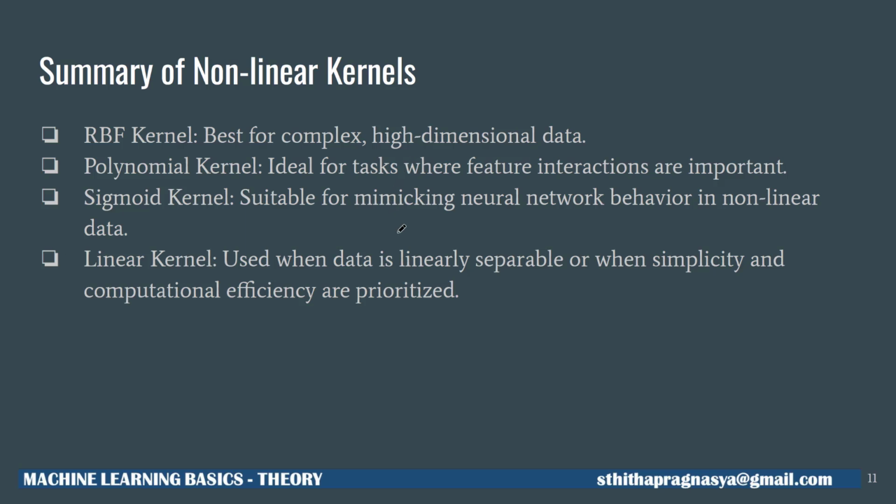The sigmoid kernel is suitable for problems with data that might mimic neural network behavior, such as recommendation systems with complex non-linear relationships. And the linear kernel is best when the data is linearly separable or when you have high dimensional data with a simple decision boundary, such as in some text classification tasks. Remember, each kernel has its strengths and is selected based on the characteristics of the dataset and the nature of the decision boundary between the classes.